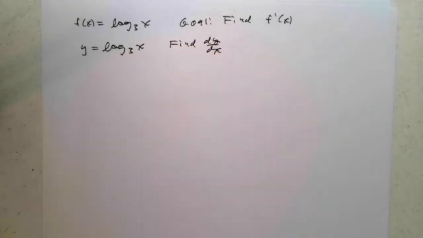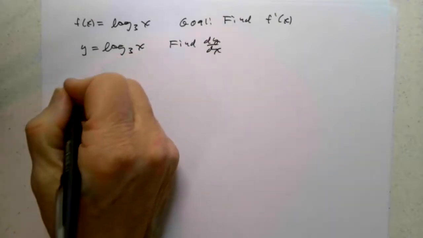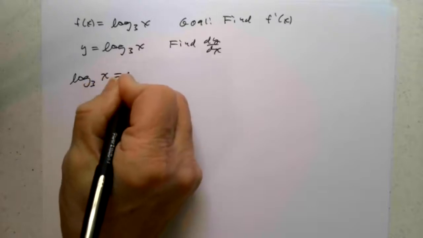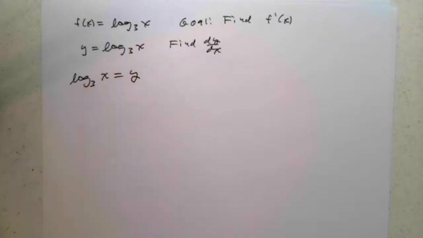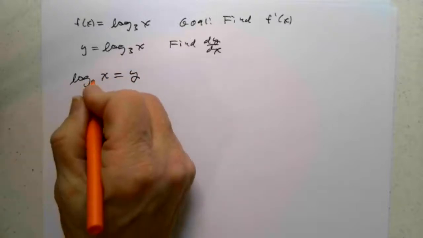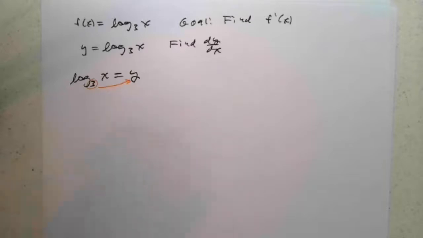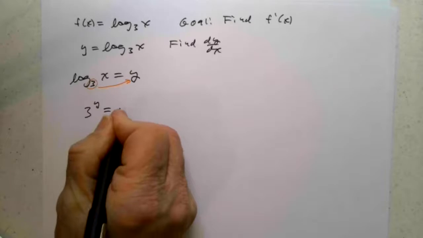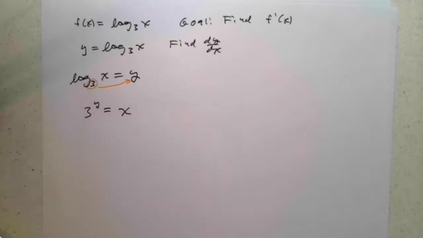Now you can memorize the form for log base 3, but I prefer to go back to first principles. If log base 3 of x is y, then the base is 3. Then 3 to the y equals x. And now we want to use logarithmic differentiation to determine what the derivative is.